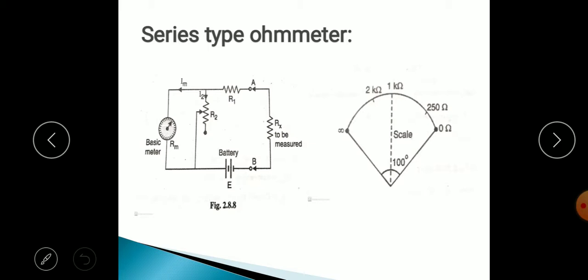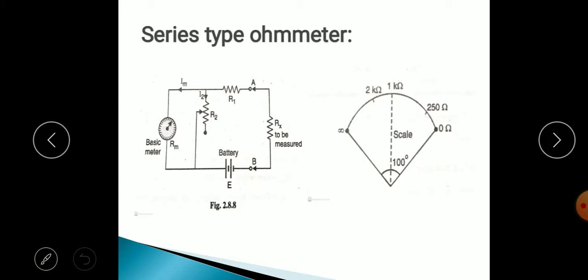Shunting resistance R2 is in parallel to the meter resistance Rm. The current limiting resistance R1 is in series. A battery of EMF E is also connected. For measuring, the unknown resistance Rx is connected across the A and B terminals.